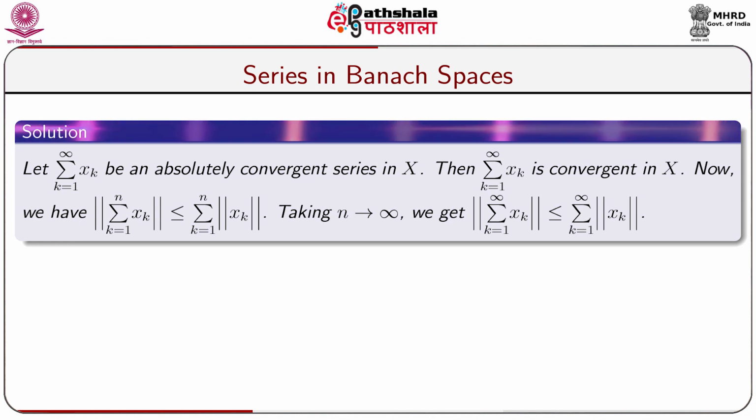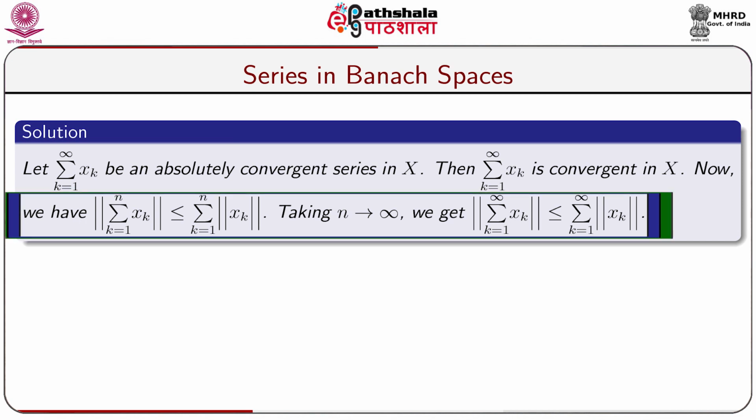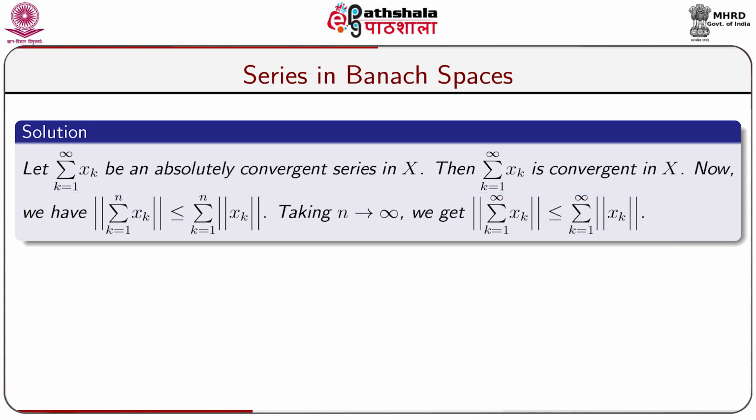Let sigma k = 1 to infinity x_k be an absolutely convergent series in X. Then sigma k = 1 to infinity x_k is convergent in X, because every absolutely convergent series in X is convergent. Now, we have norm of sigma k = 1 to n x_k is less than or equal to sigma k = 1 to n norm of x_k.